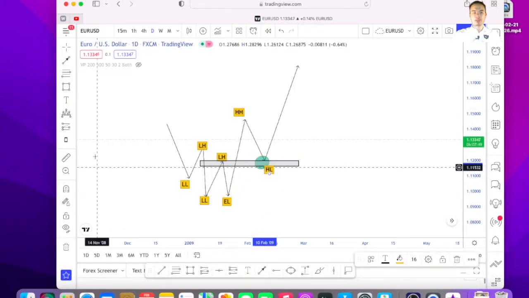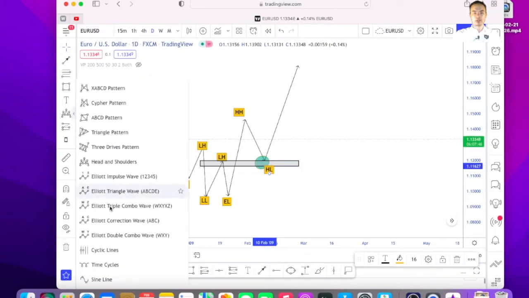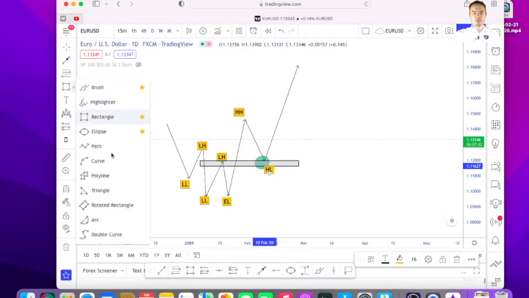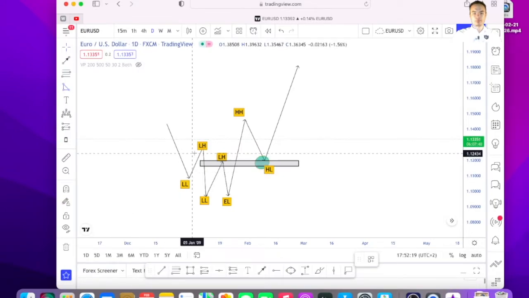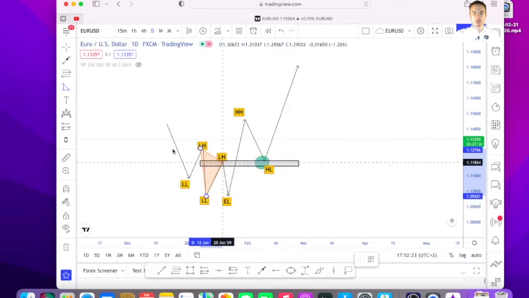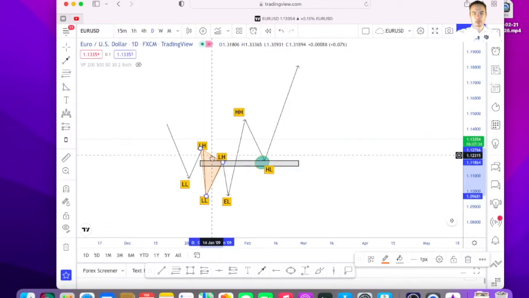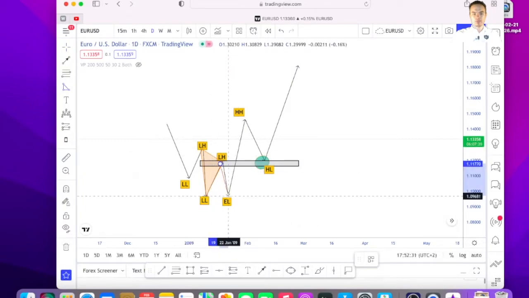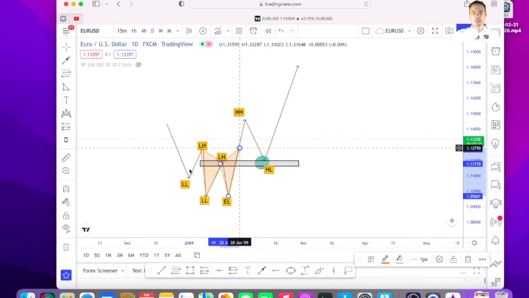If I use a triangle, let me show you your double bottom. So it's here. Some people, like I said, call this the W formation. So here's where you would look to buy.